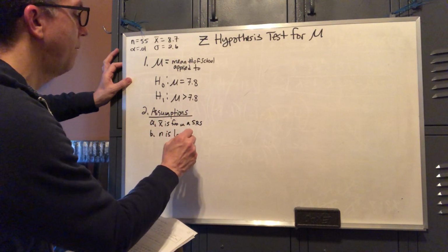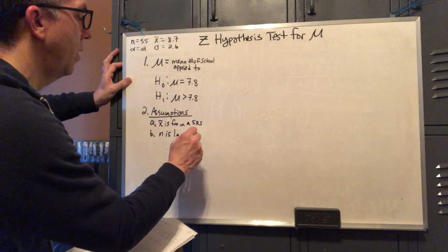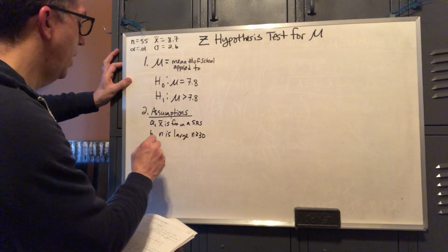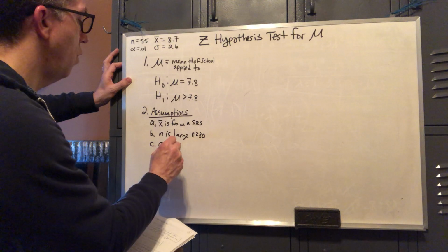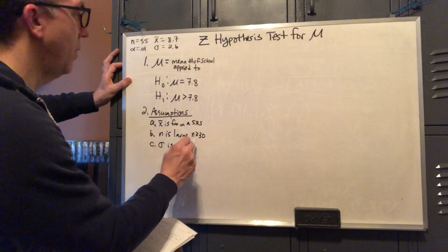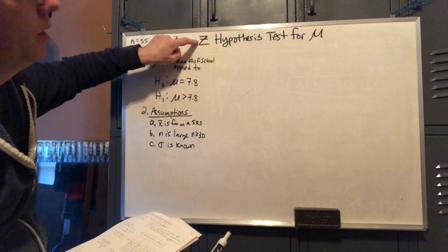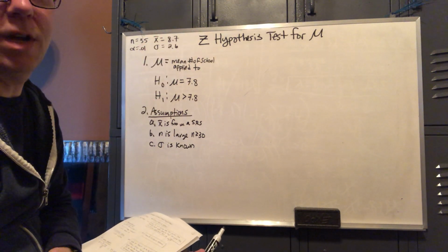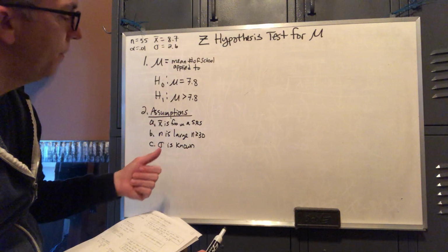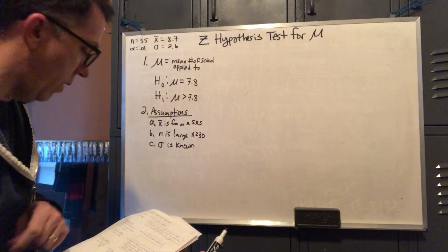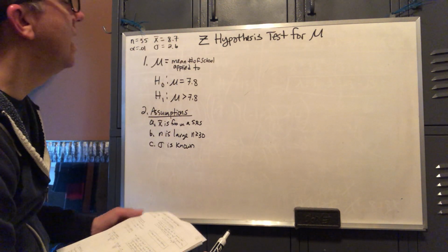Yep, n was 35, and the rule is greater than or equal to 30. And the third one is sigma is known. So when we know sigma, we use a z-test. When we don't know sigma, we use a t-test, just like with the confidence interval.